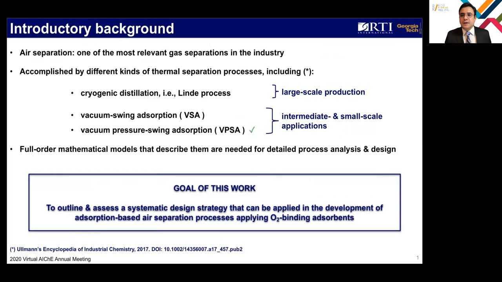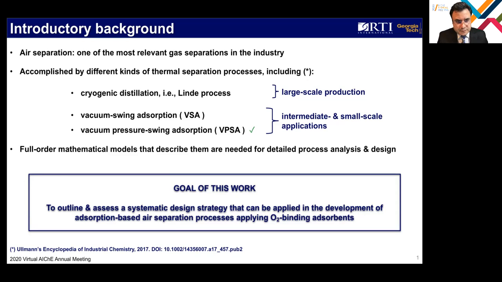So this can be done with the Linde process and using cryogenic distillation, which is actually very efficient from the thermal point of view. But on smaller scales, as I've mentioned, intermediate scale and small scale applications, adsorbent-based separations are more efficient and also more economically attractive from the commercial point of view.